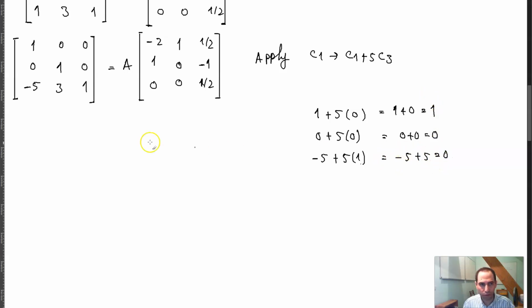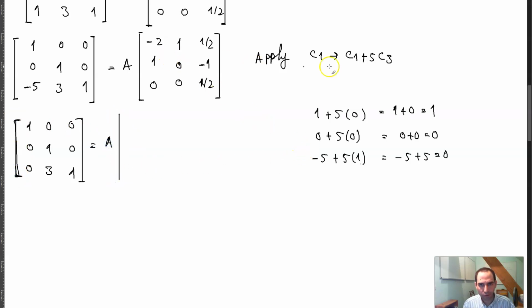So that's 1, 0, 0, and then you have 0, 1, 3, and then you have 0, 0, 1. That is basically the first matrix, A times.